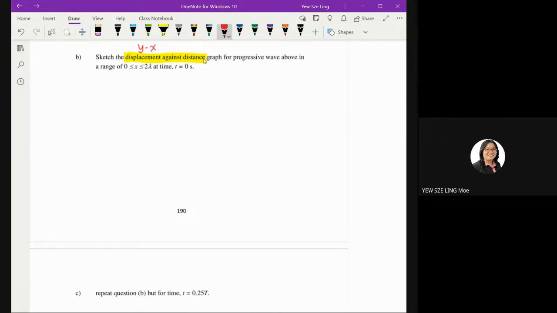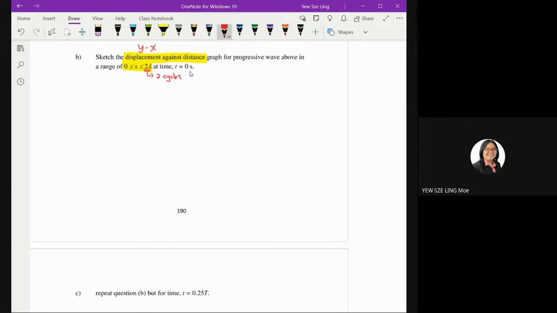For a progressive wave above in a range, so you are given a range in between 0 until 2 lambda. Now, why is it important to know the range? Because it tells you how many cycles you need to include in your diagram. So for this question, it wants you to sketch the graph for 2 complete oscillation, 2 cycle, because 2 lambda.